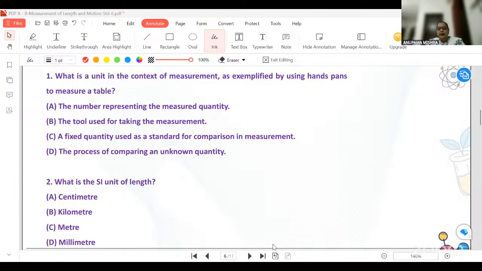Who can tell me the answer? All are giving the answer A, the number representing the measured quantity.